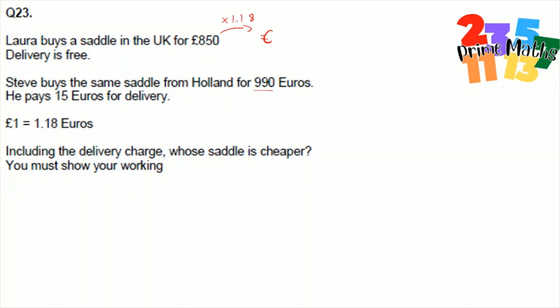So this gives us 850 times 1.18, which gives us €1,003. In total, Steve paid 990 and the 15, so Steve paid €1,005. Therefore, including the delivery charge, this was cheaper for Laura.